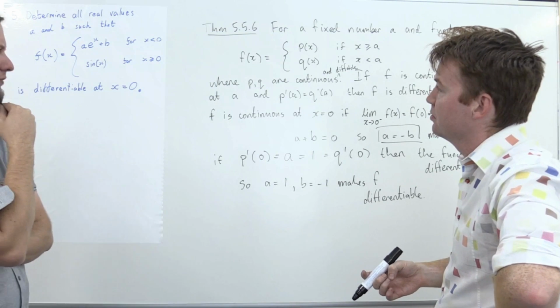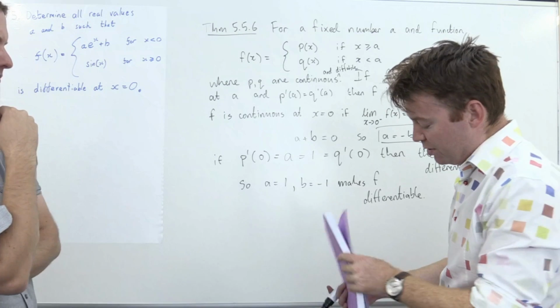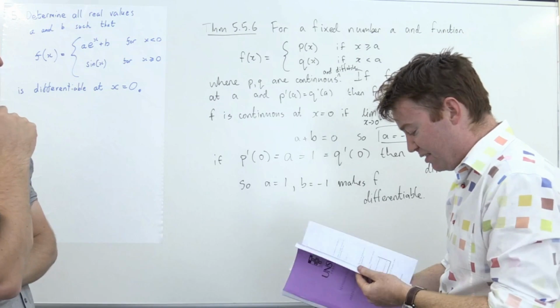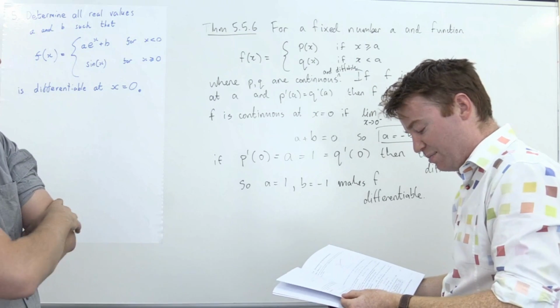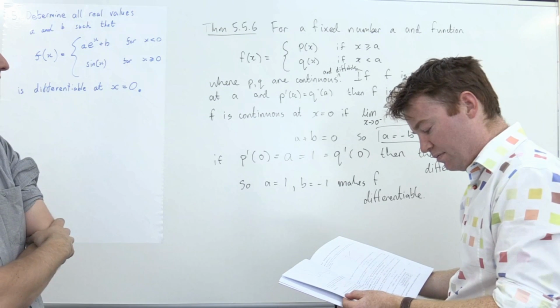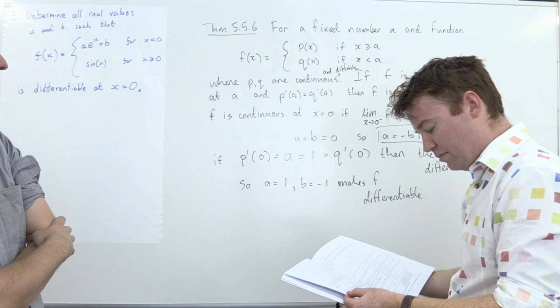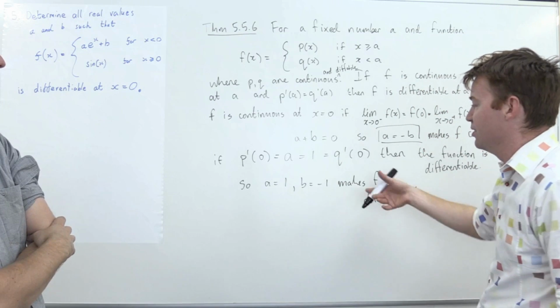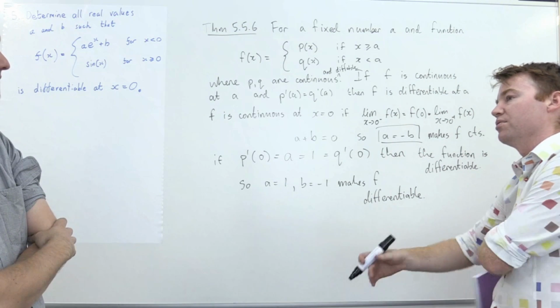Is that an if and only if statement? In the theorem, no, the way it's stated in the book is not like that. So we need to do something to state that this is the only solution.